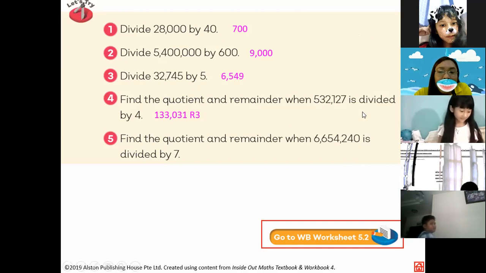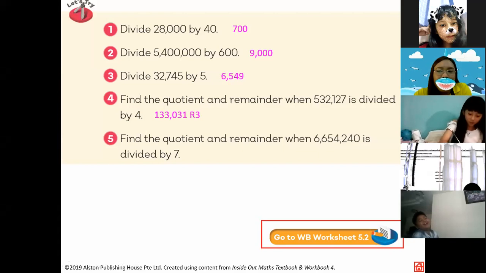All right, number 5. Find the quotient and remainder when 6,654,240 is divided by 7.